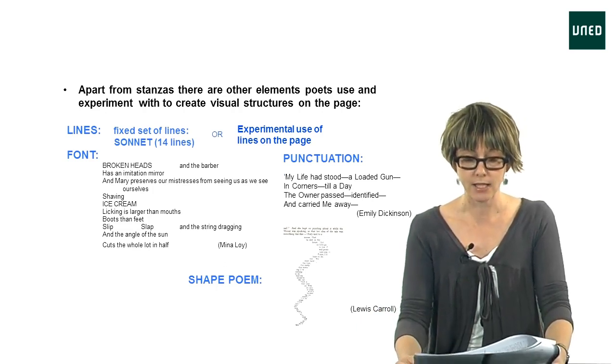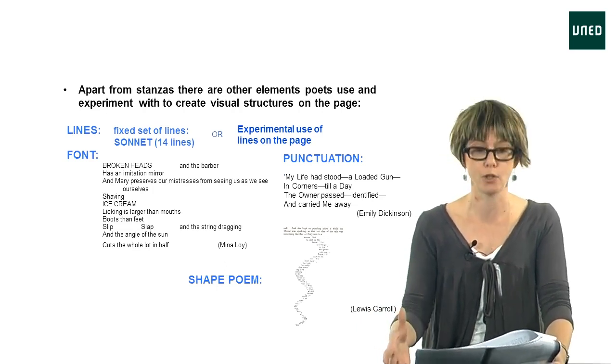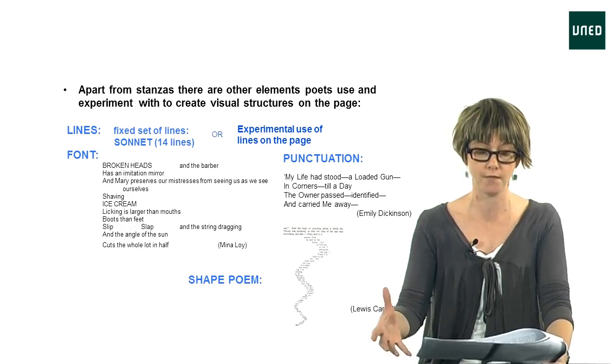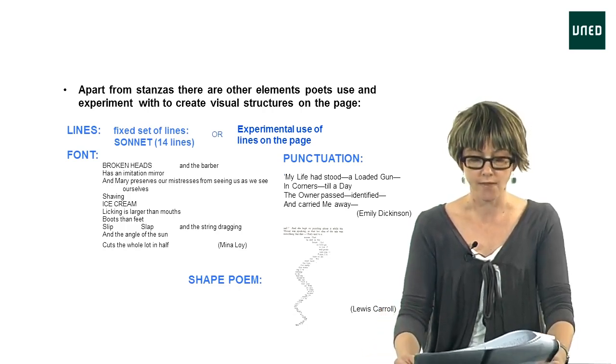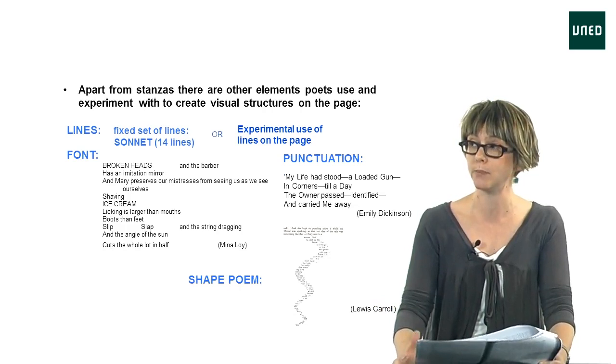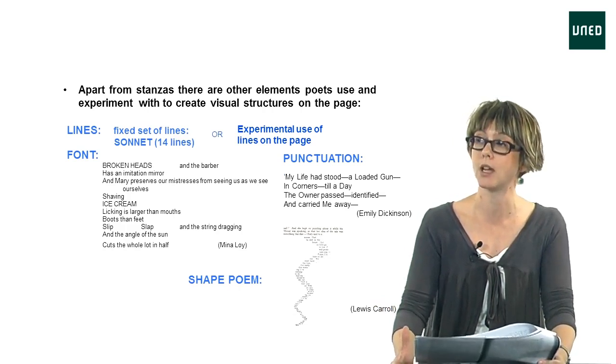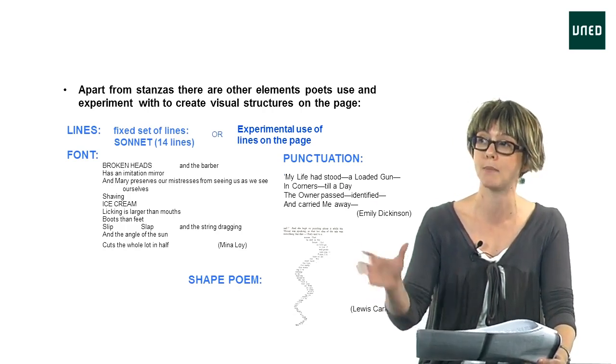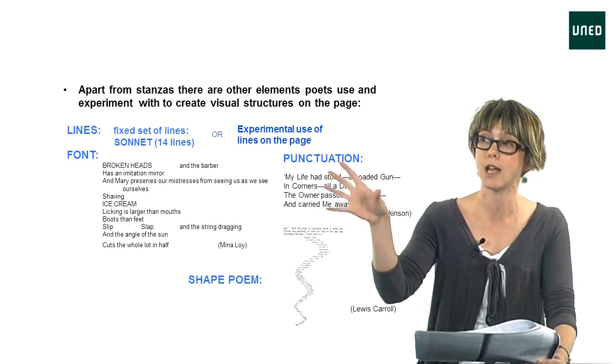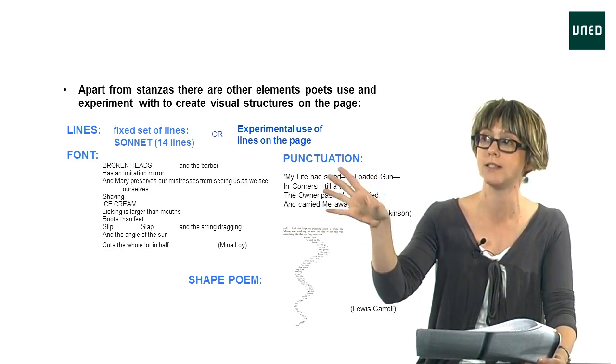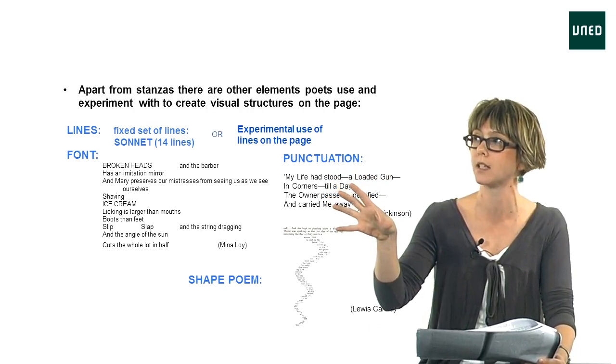Another element to create a visual structure on the page in a poem would be font, the font of the letter. For example, in this fragment by Minoloi, we can see how the poet uses capital letters inside the poem to create a visual effect.